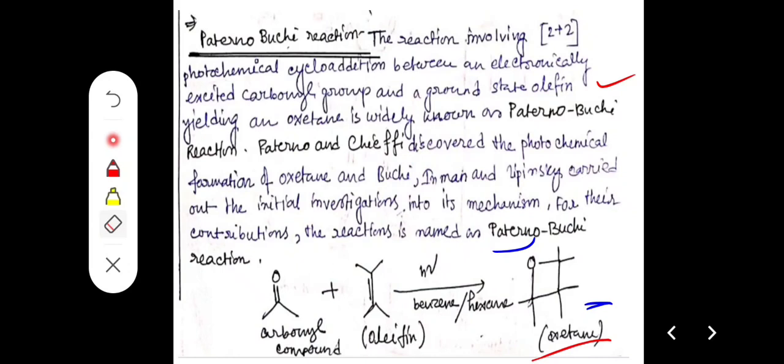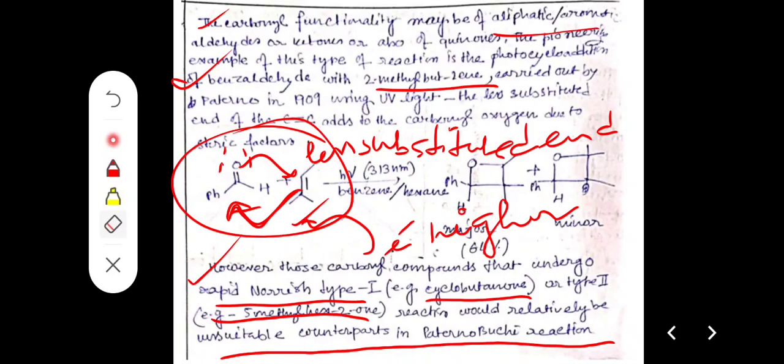In the Paterno-Buchi reaction, the carbonyl group is excited and the olefin belongs to the ground state. When we observe the substitution and the mechanism, we get two important points. One, oxygen is always attached to the less substituted carbon atom, because of steric effect.